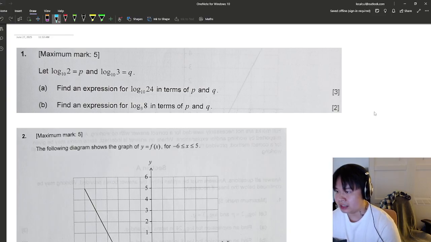So here's log base 10 of 24, and we would like to write 24 in terms of 2 and 3. That's pretty straightforward, right? Oh my god, I haven't used the tablet in so long. 24 can be written as 2 times 2 times 2 times 3.